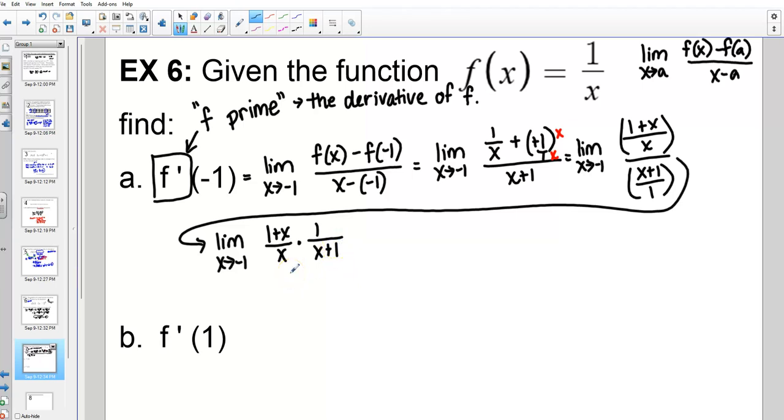Will anything cancel? It will. 1 plus x and x plus 1 are the same, right? Addition is commutative. I can switch the order on those. So I can cancel these two right here. So now I'm just doing the limit as x approaches negative 1 of 1 over x, which is going to be 1 over negative 1, and I will get negative 1 as my answer.